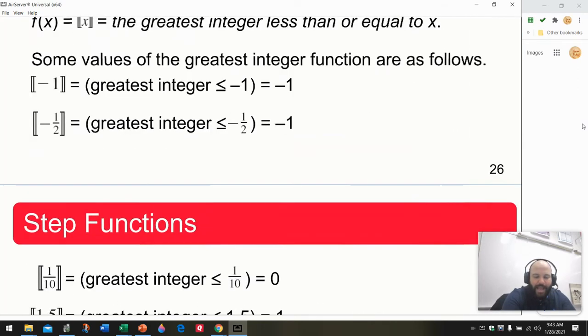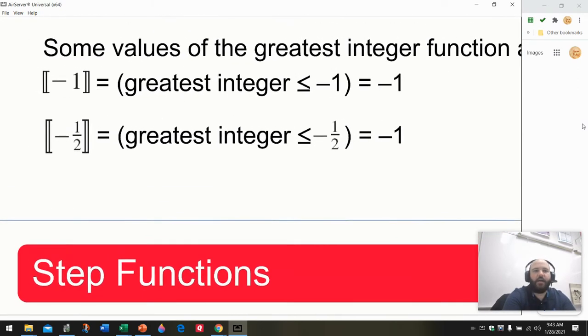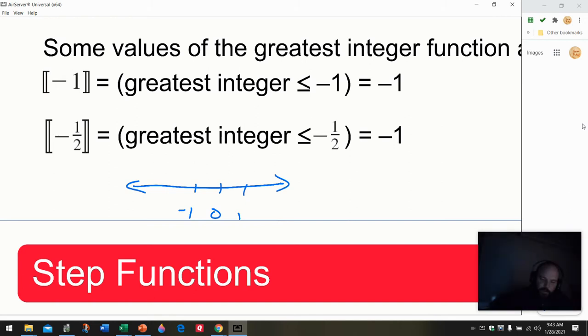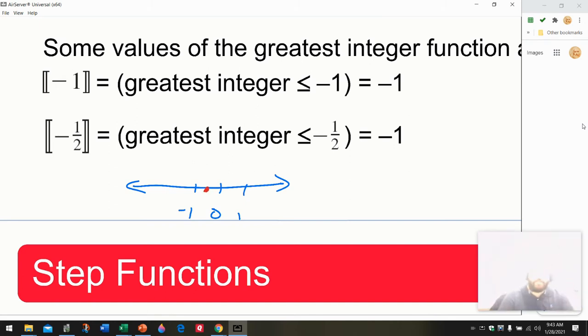Now, when we get into negative numbers, it gets a little trickier. -1 is an integer, so it doesn't do anything to the number -1. But if I look at the number -1/2, as an example, I'm going to show you on a number line how we can think about this. So we have this number line at 0. -1/2 would occur right here between 0 and -1.